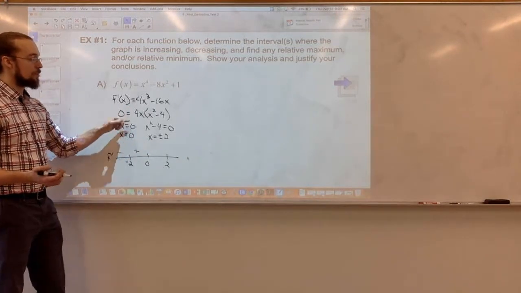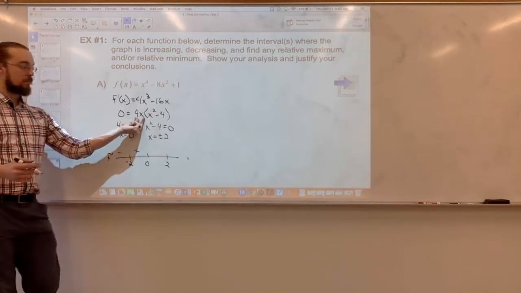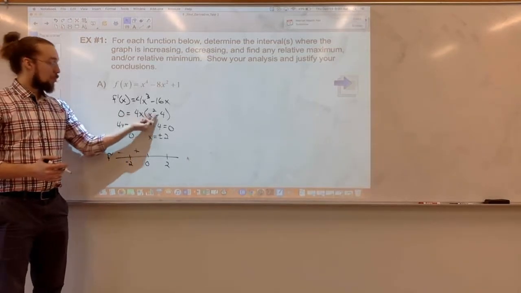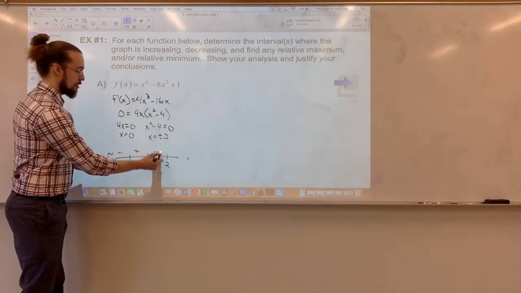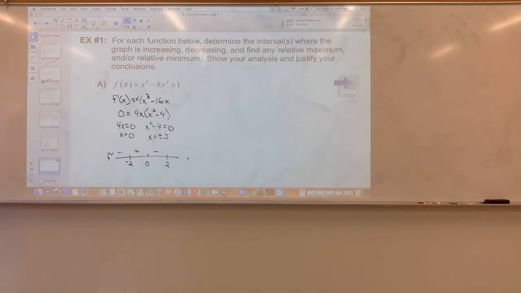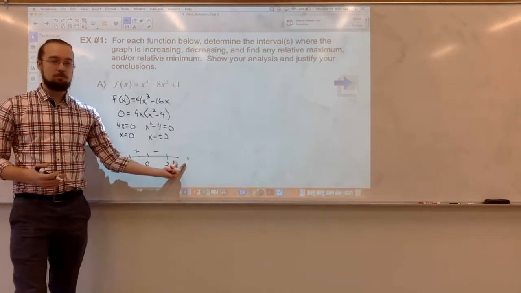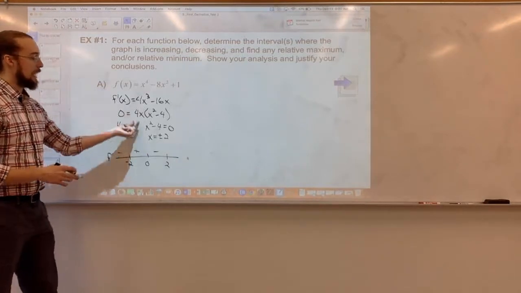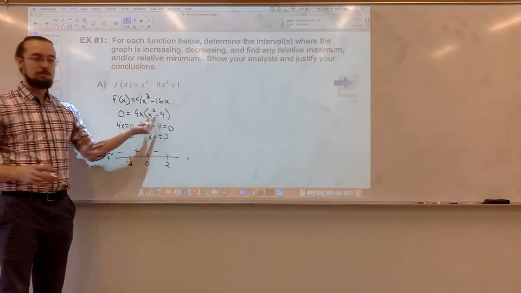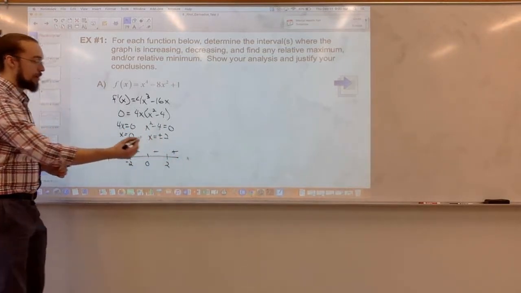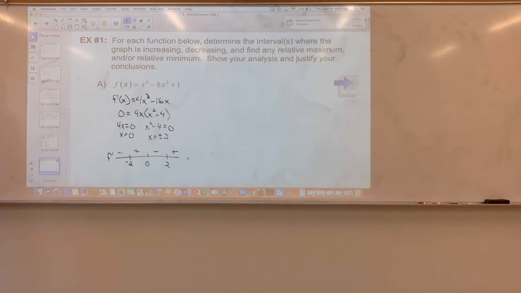Plug it into my derivative. 4 times 1 is a positive. 1 squared minus 4 is a negative. So positive times a negative gets me a negative. And then my final interval, take a number greater than 2, say 3. If I plug 3 in, this would be positive. This would be positive. So positive times a positive is a positive. Okay? We okay with that so far?